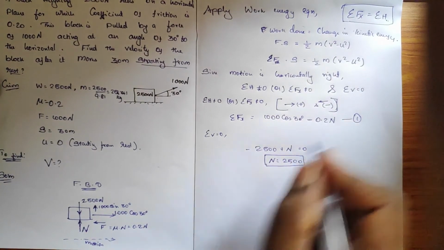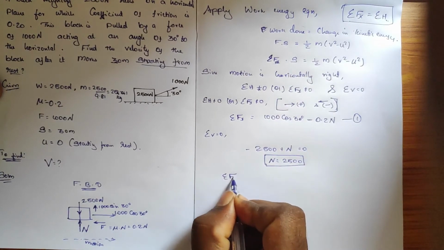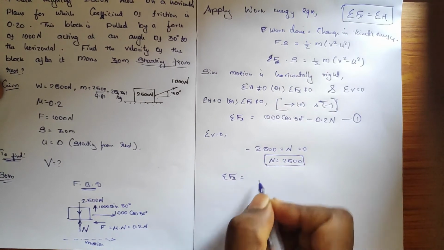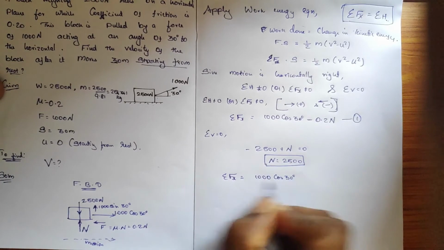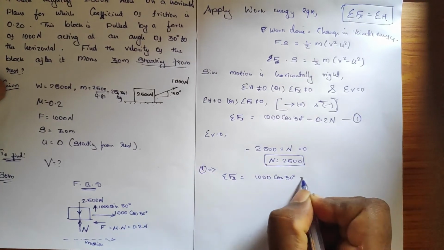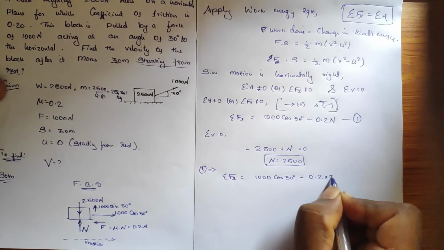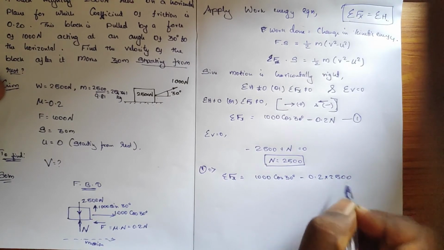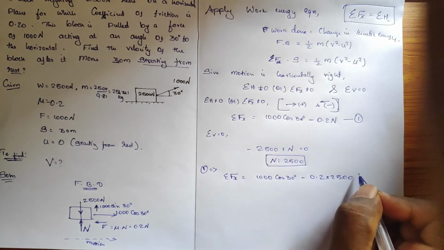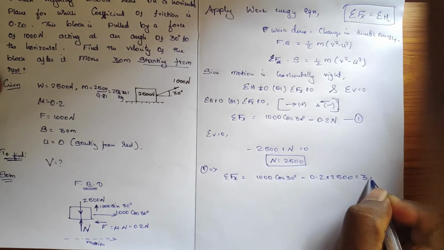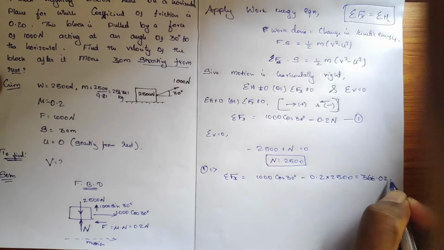Okay. So now if you put it, we get sum of force in the x direction: 1000 cos 30 degree. That means equation 1 will become minus 0.2 into 2500. So you will get 366.025 Newton.